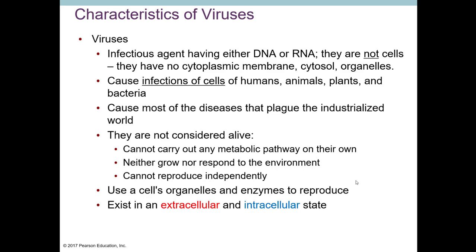And that word envelope, you've seen that before when we talk about the nuclear envelope. That's the membrane that surrounds the nucleus. So the viral envelope. But it's a phospholipid bilayer, and it has proteins in it. But technically it would not be called a plasma membrane.